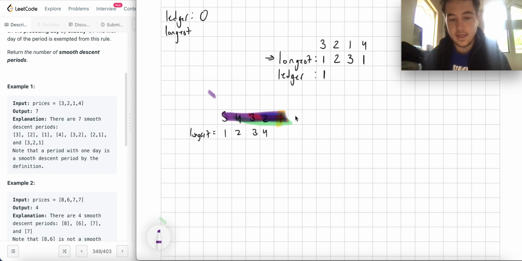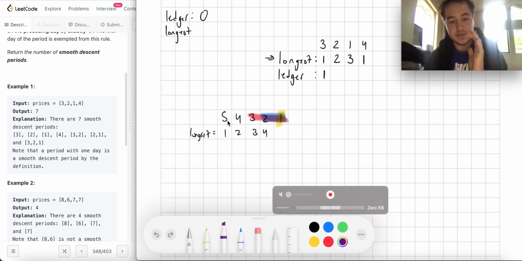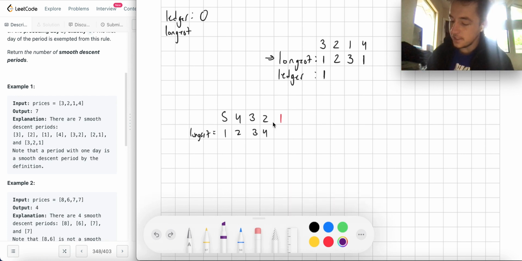So what you can notice is that however long the smooth descent period is in this problem, the smooth descent period is length 4 before you encounter 1. You can attach 1 to each of those systems.